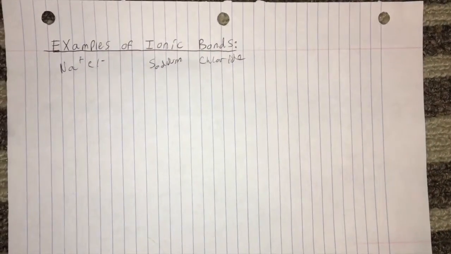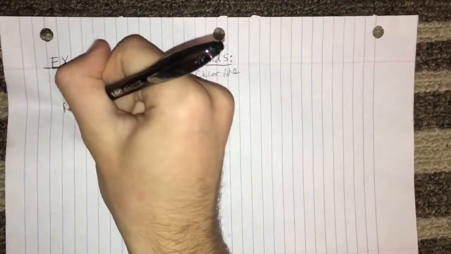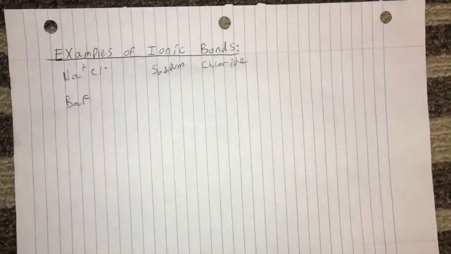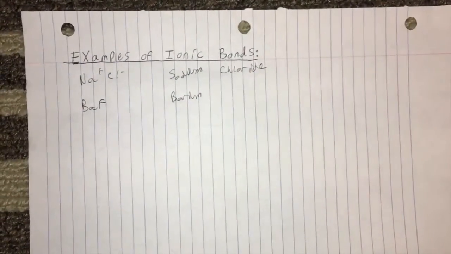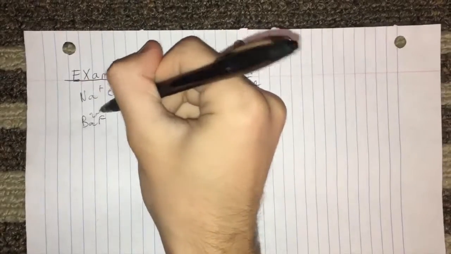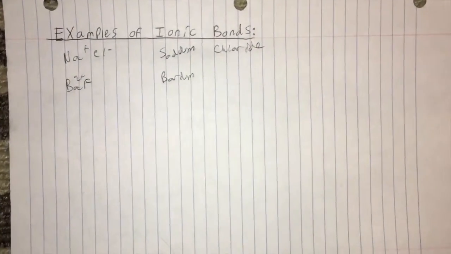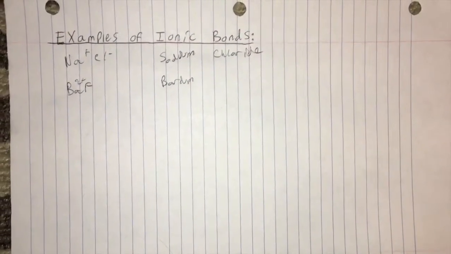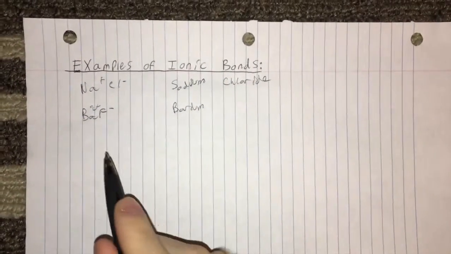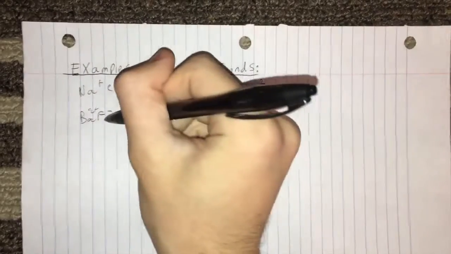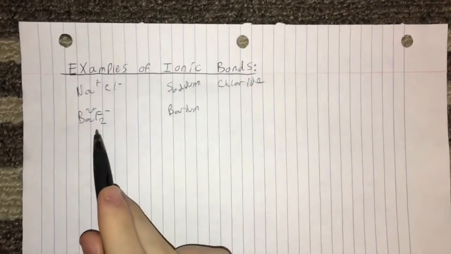Next, we'll look at BaF2. Ba is represented by barium, and barium has a 2 plus charge. Then we'll look at F, or fluorine, which has a 1 minus charge. Now we're going to have to first cancel out the charges, so we're going to give fluorine 2 atoms.